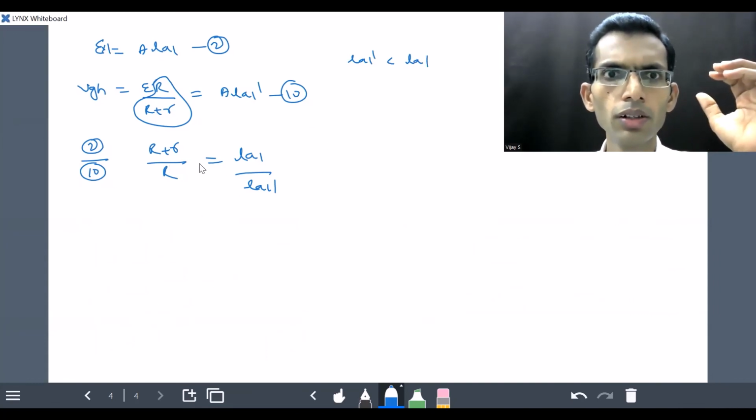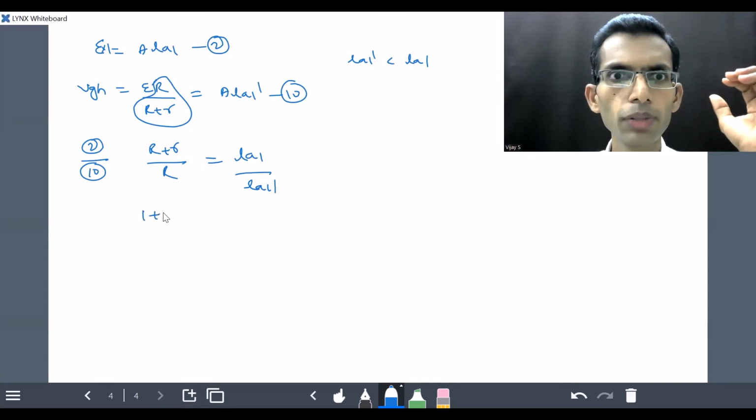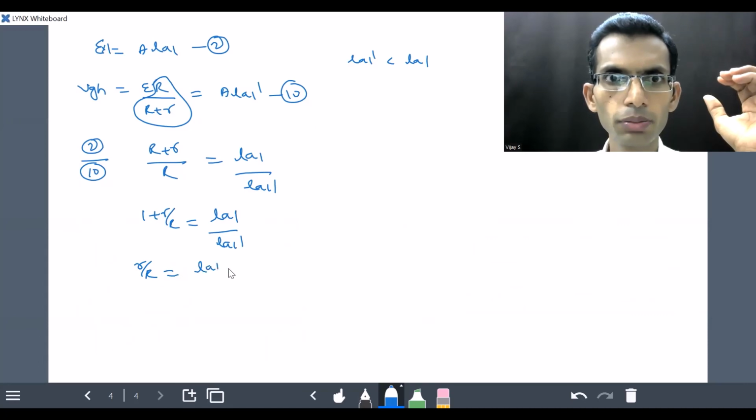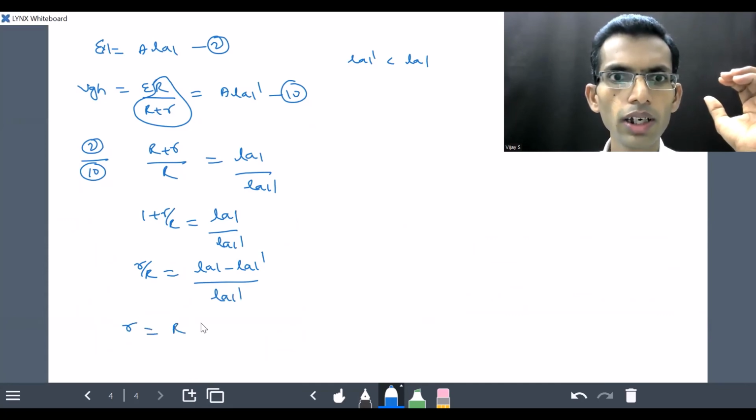So when we take the ratio, 1 plus r by R is equal to LA1 by LA1'. So r by R is equal to, when we take that side, (LA1 minus LA1') by LA1'. I am directly writing. So r is equal to R into (LA1 minus LA1') by LA1'.